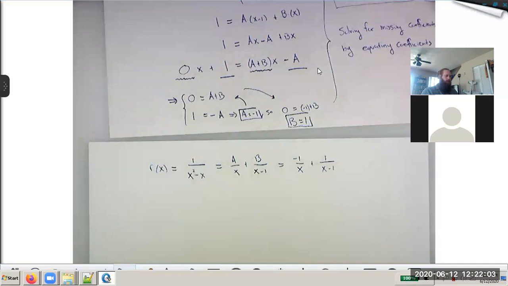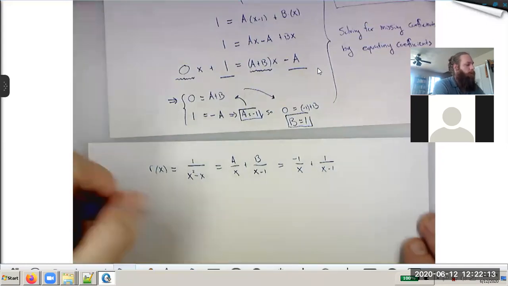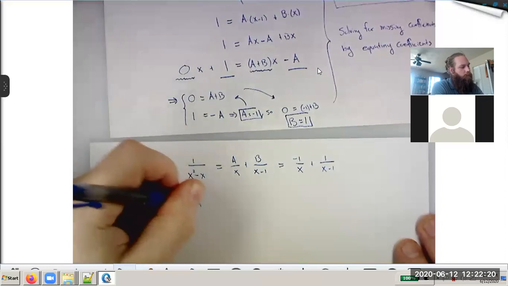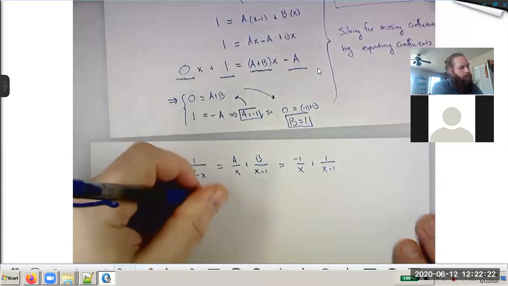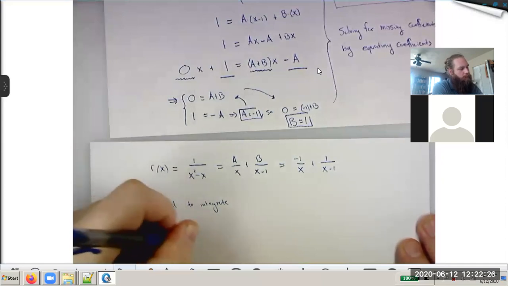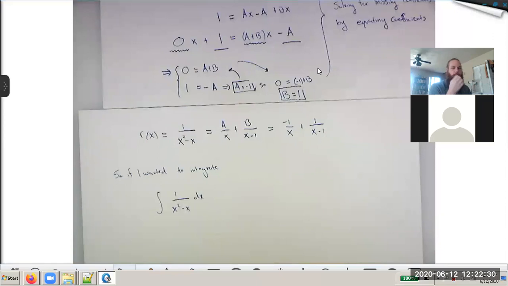So don't stress. The big thing for us in this class is being able to get it done, being able to run the PFD algorithm and get out something like this. Why do I care about this? If I wanted to integrate the integral of 1 over x squared minus x dx, if you look at this, this doesn't look anything like any of the integrals we've done before.